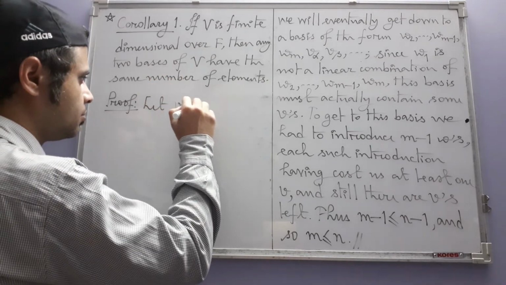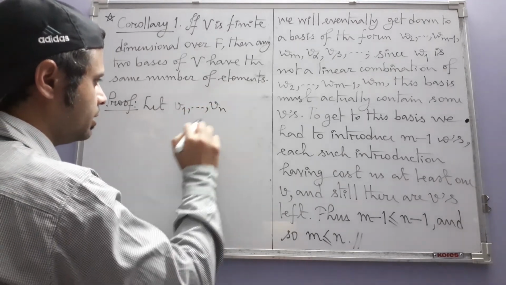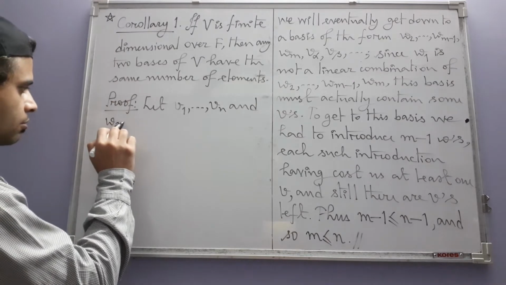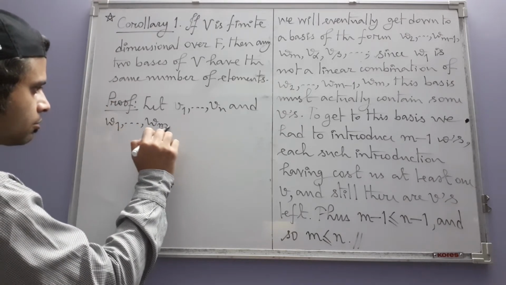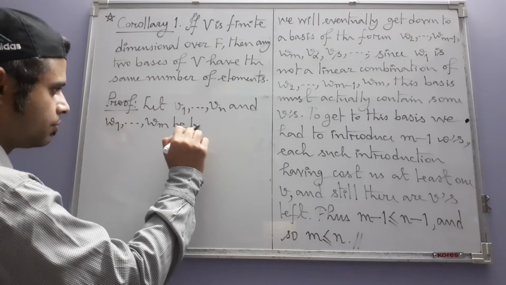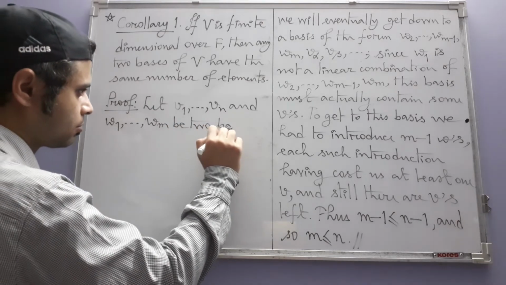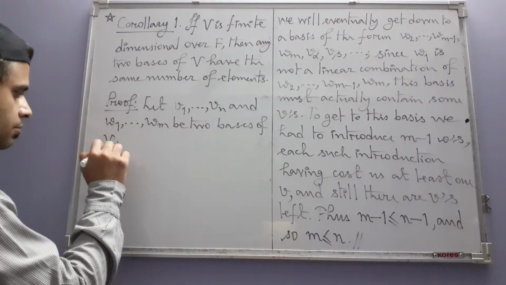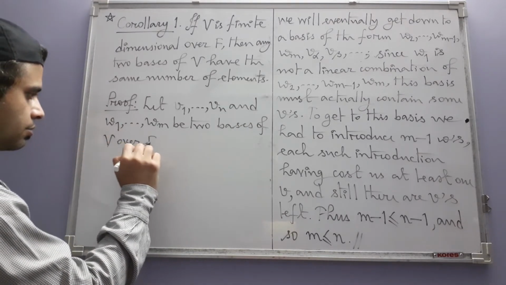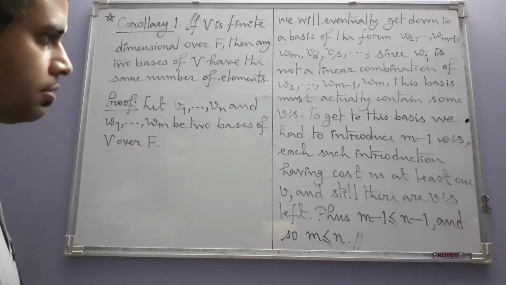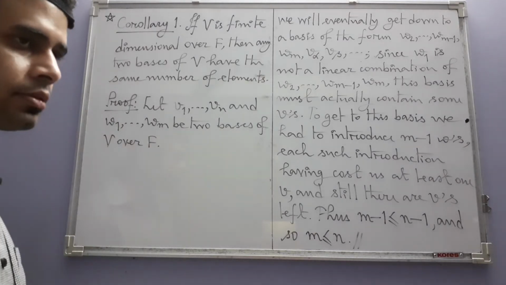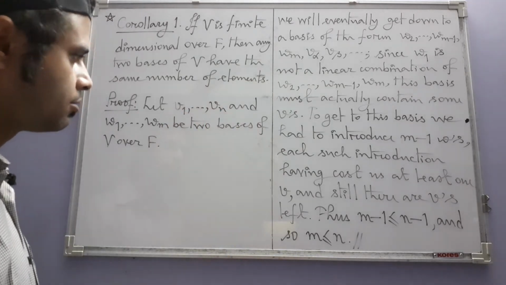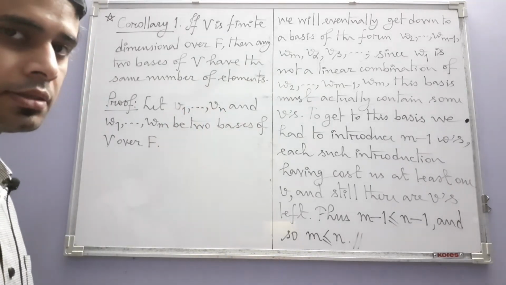Let v1, ..., vn and w1, ..., wm be bases of V over F. We are continuing to write these vectors without using the precise set notation.